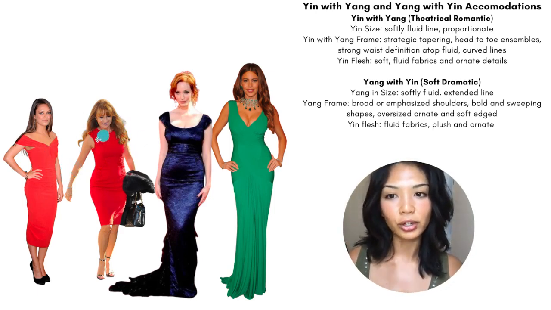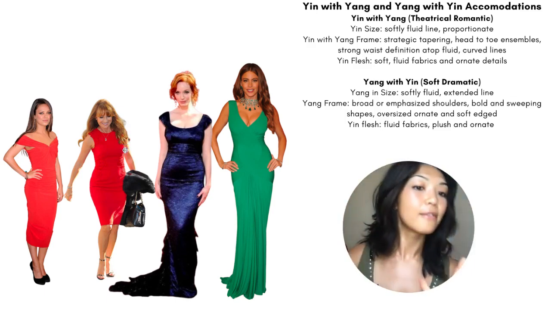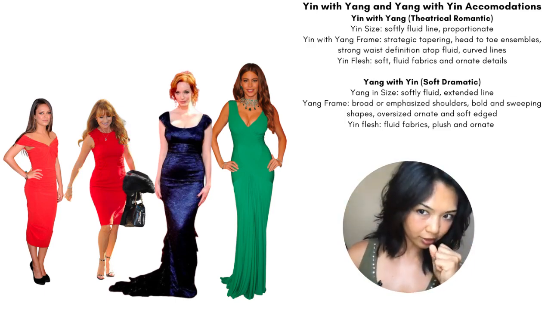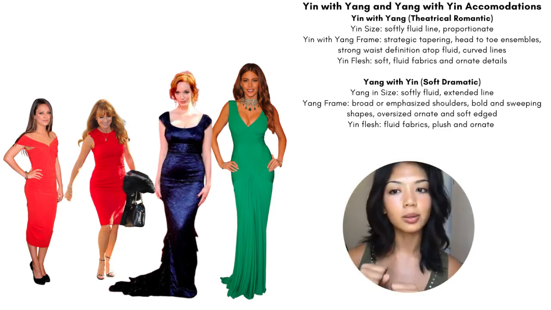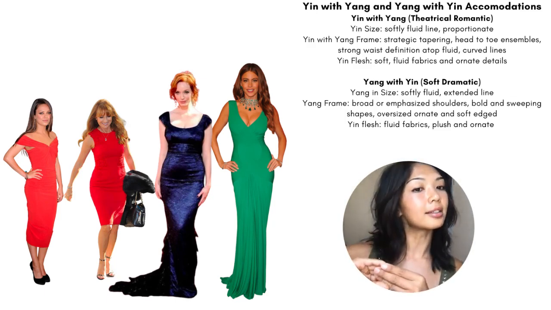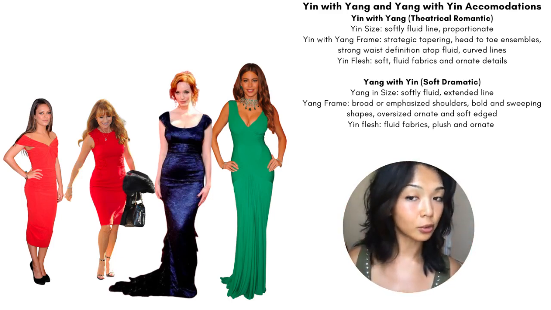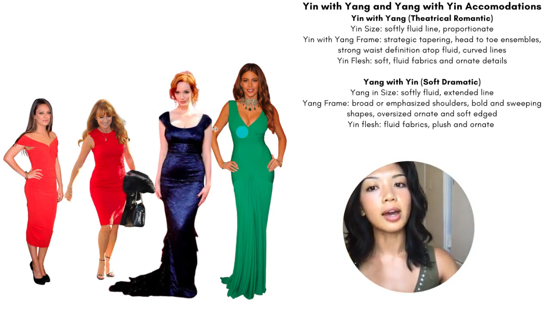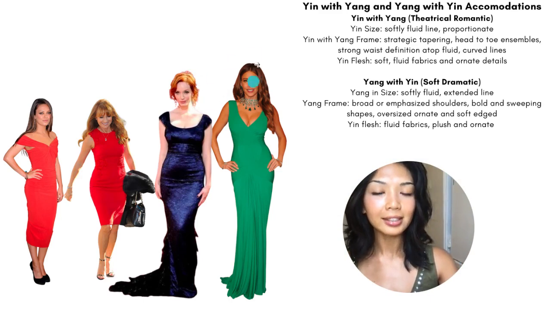Jane, she's got a little bit of ornateness going on. Fluid, but a little bit more tapered, a little bit more of that sharpness going on. It's less floaty and fluid than the romantic. And here we have soft dramatics.